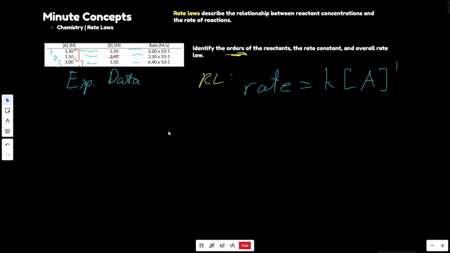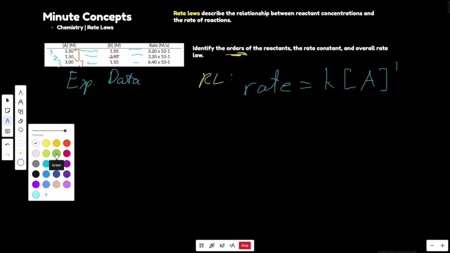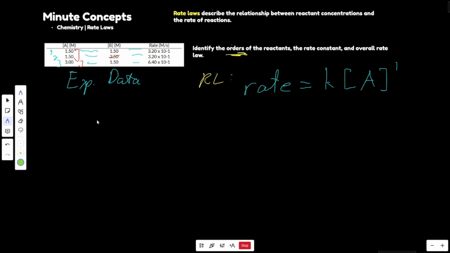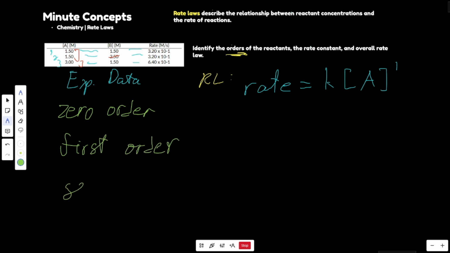There are 3 primary integrated rate laws because there are 3 primary orders. So there's zero order, there's first order, and there is second order.